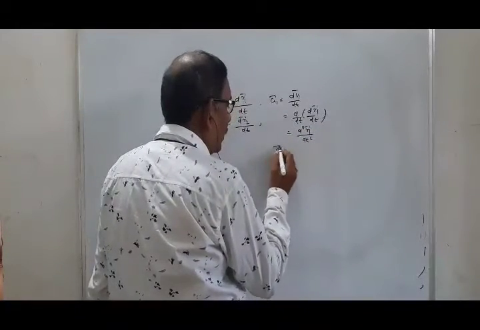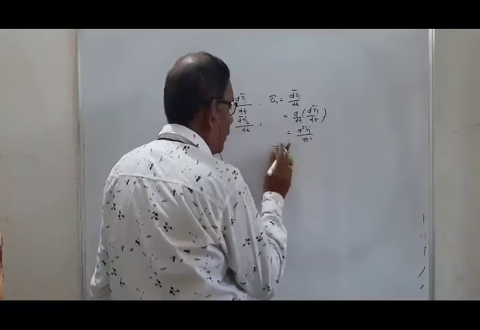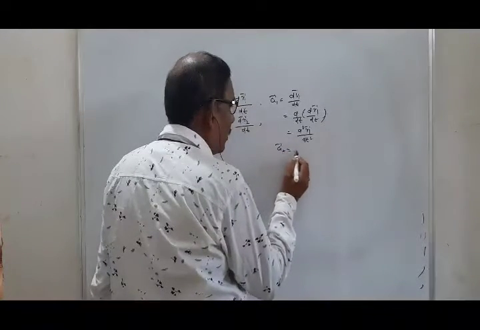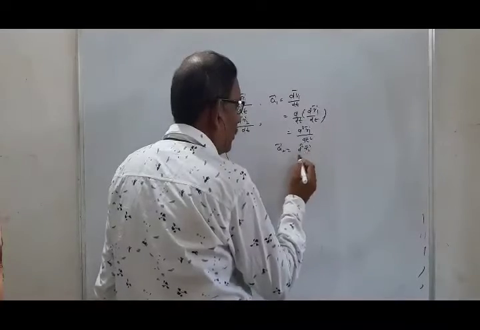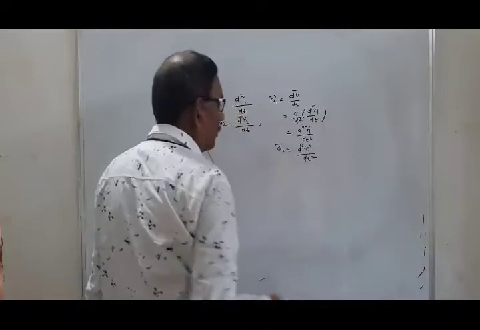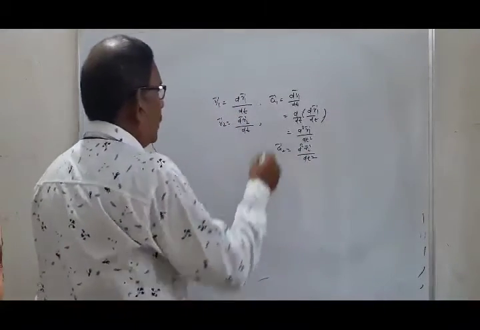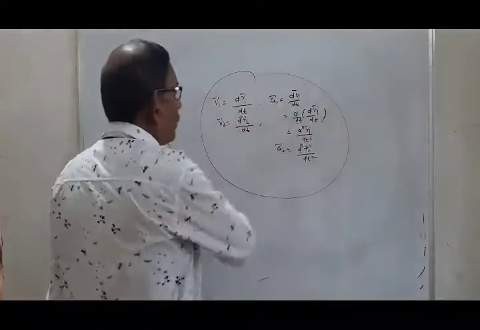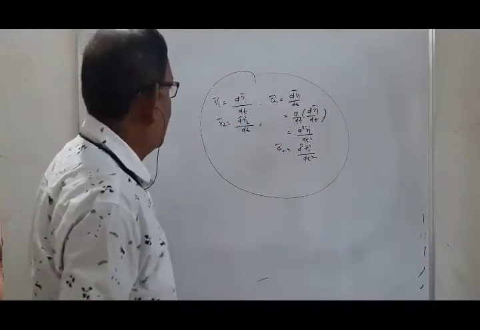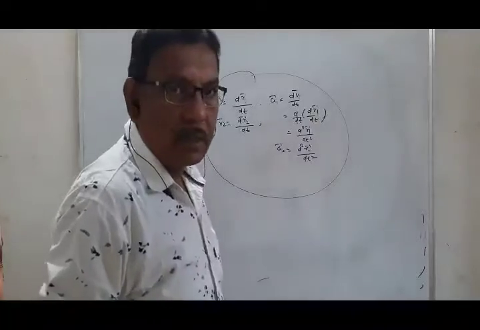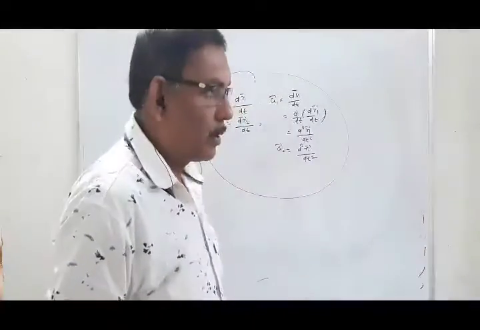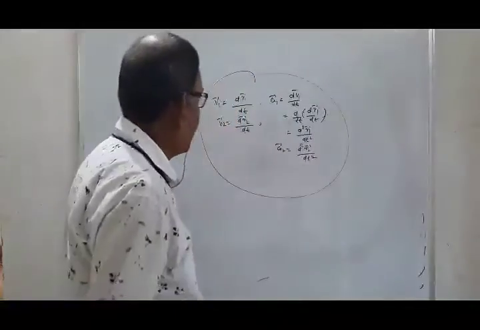Similarly, A2 will come in this way, d square r2 by dt square. This is a system to describe the velocity and the accelerations in terms of position vectors of the two particles.